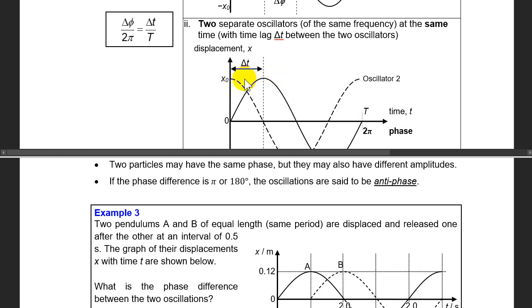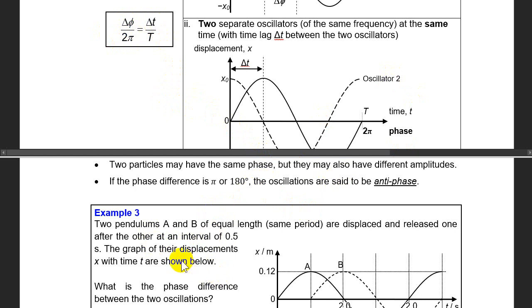What is the time difference, the time delay between the two peaks? If the time delay is delta t, then we put delta t over capital T, because one capital T corresponds to 2 pi. So delta t corresponds to how many radians? We do it by proportion. So delta t over big T is equal to delta phi over 2 pi. So basically that's the proportion.